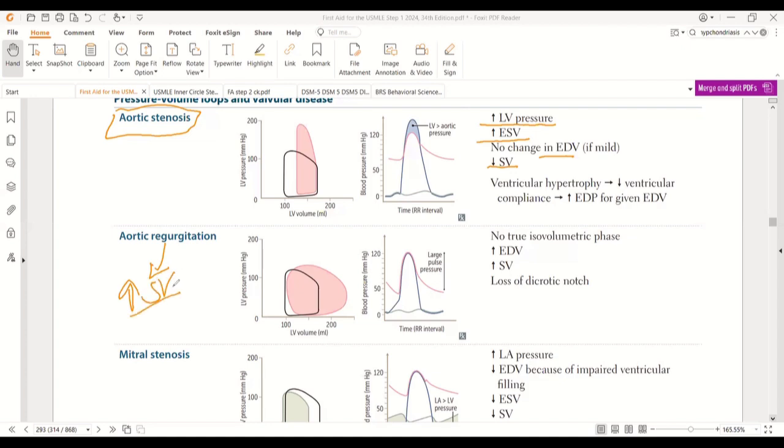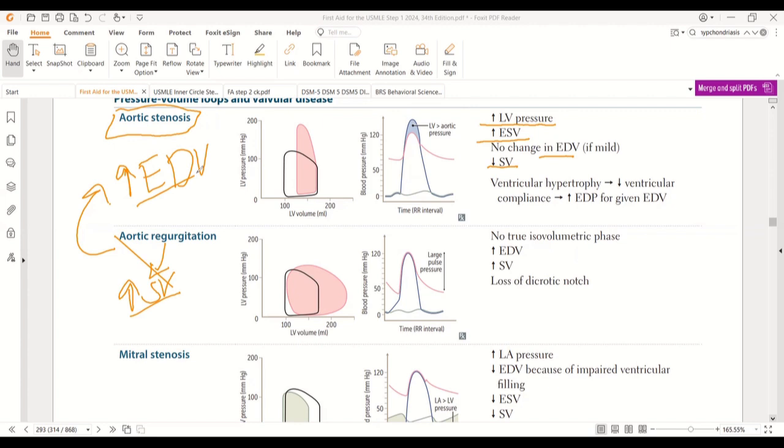What happens to the end diastolic volume in aortic regurgitation? It increases. And we already discussed that stroke volume will also increase.